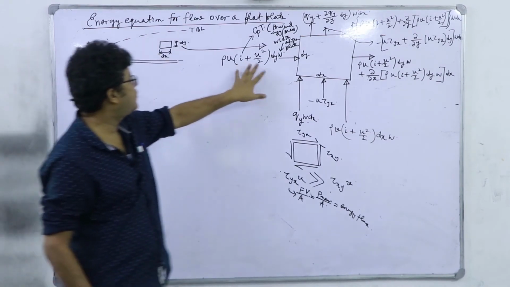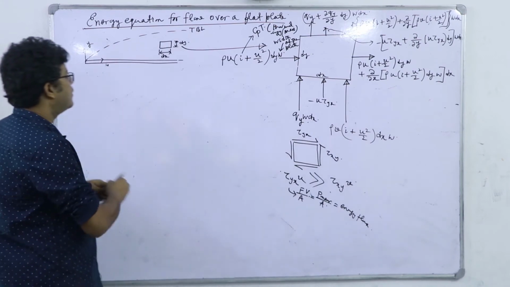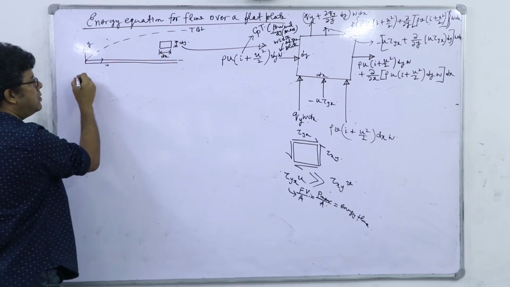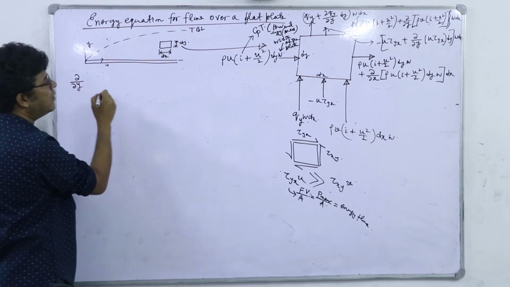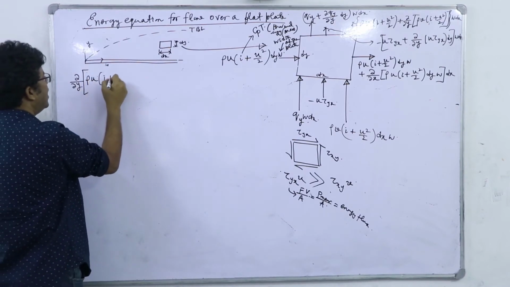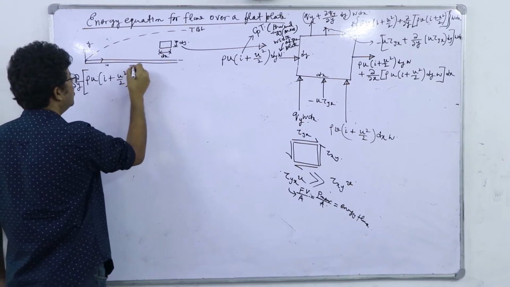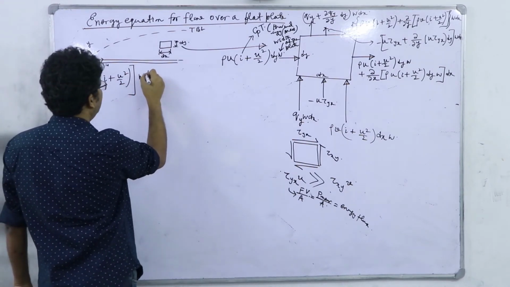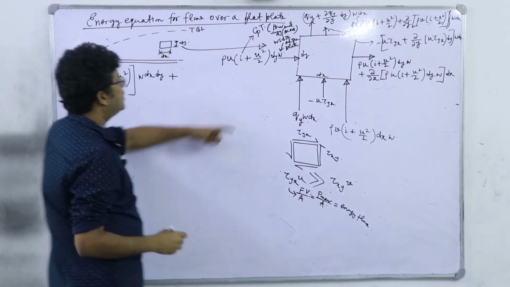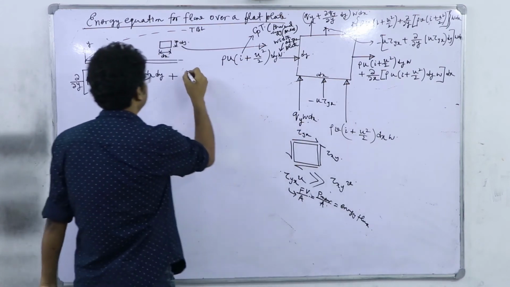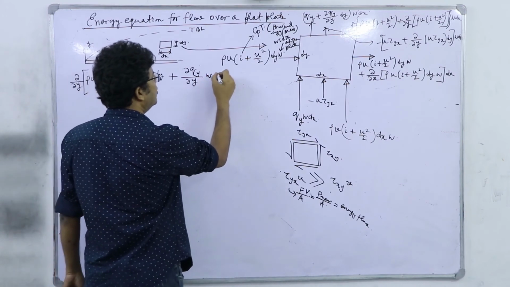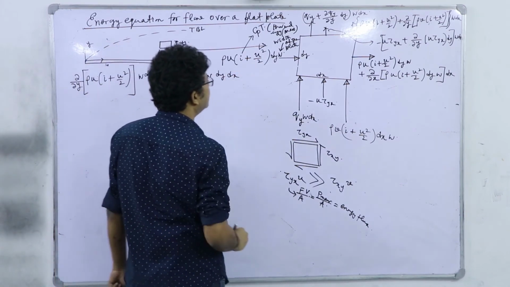So, this minus this, or out minus in: del del y of rho u (i plus u square by 2) into w dx dy, right, plus here out minus in, del qy del y into w into dy into dx, right.